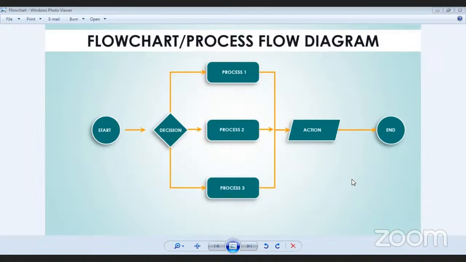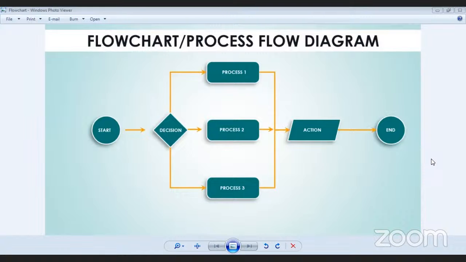So the flowchart is only the graphical representation, and for any problem solution, you will definitely have a flowchart. I think if you have visited any old or new or upgraded institution like universities or colleges or NITs, IITs, you will find at the first gate there will be a flowchart showing which department is in which direction with the proper arrow mark, and how to move or approach that department.